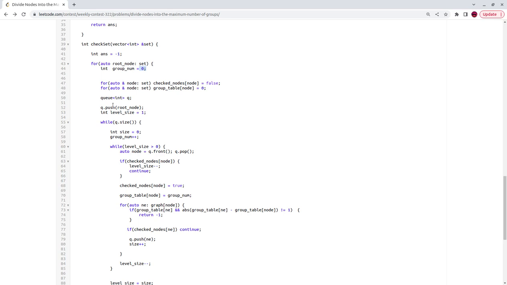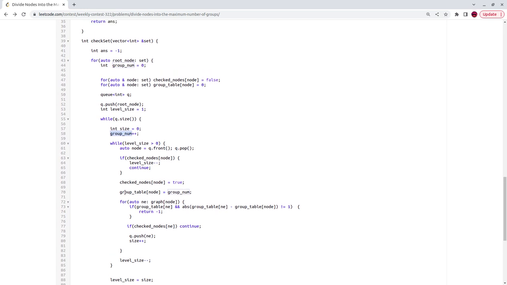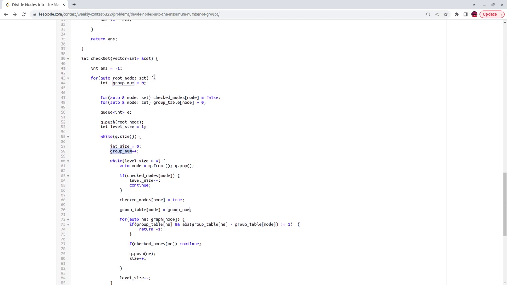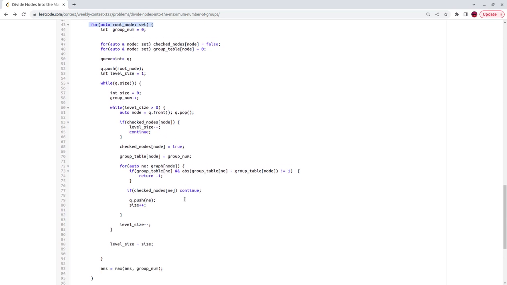So the first node is in the queue, we pop it, and group number will be 1. So we assign this group number to the root node. And as we said, we loop over all the nodes in the set to do the PFS algorithm.